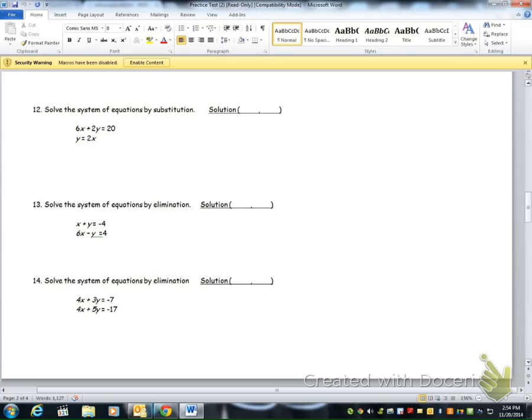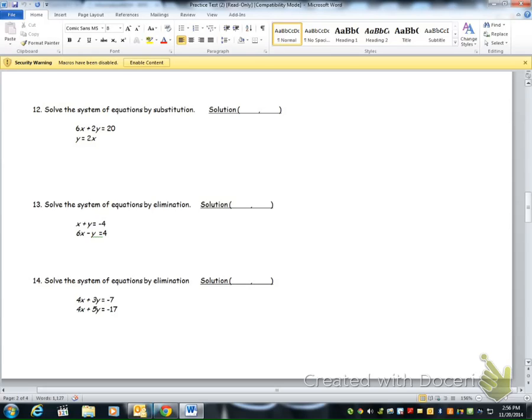All right, guys. So for this one, there's basically 3 steps to substitution. The first step is one of the equations needs to be in y equals something or x equals something form. Now, a lot of the times, that first step will be done for you.